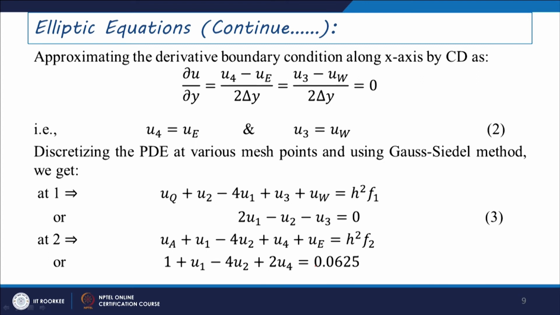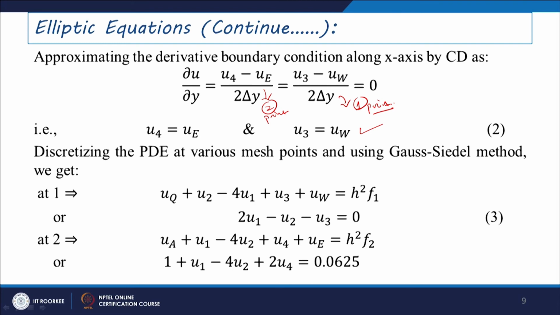This can also be written as u3 minus uw by 2 del y at the point. This is the value at point 2 and this is the value at point 1. This equals 0 there. So that is why u4 equals ue and u3 equals uw. This is at point 2, this is at point 1.